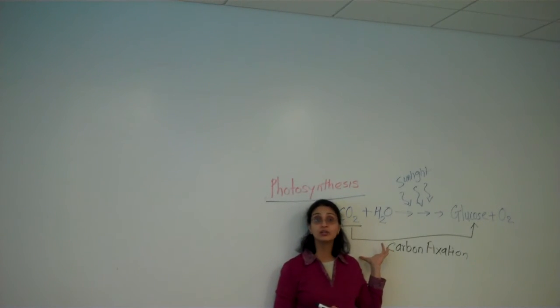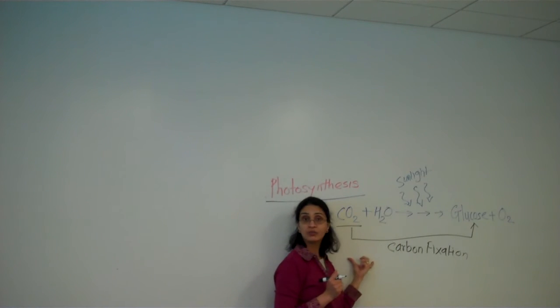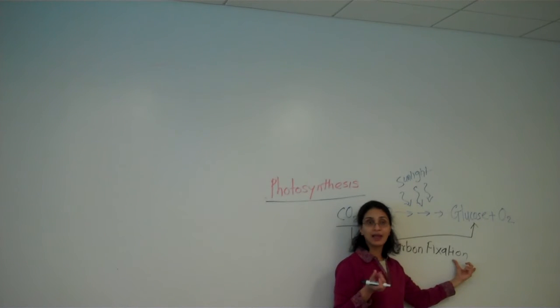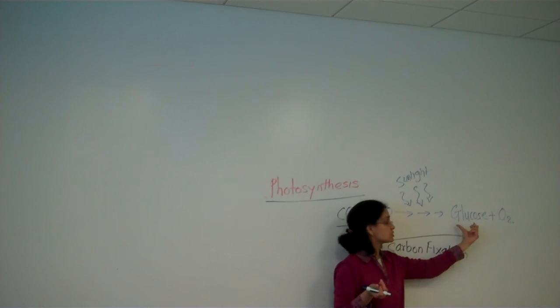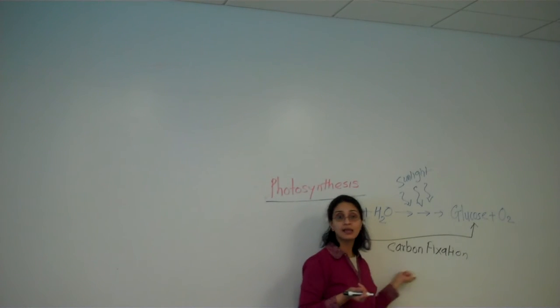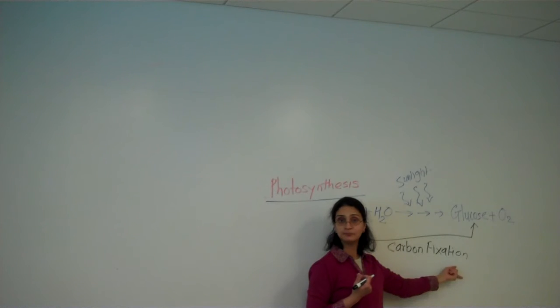Carbon dioxide we do not see. So that is why we are condensing, compressing or fixing this gaseous carbon dioxide into something much more visible, tangible, and you can actually hold, which is glucose. So one of the stages in photosynthesis is carbon fixation.